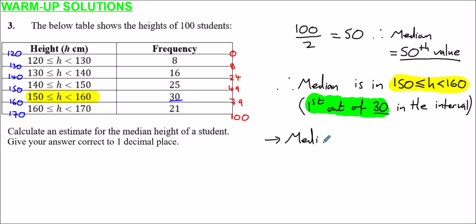So the estimate of our median, we're going to start where this class interval starts. It starts at 150. Now because it's the first one out of 30, we're going to add on 1/30th, this fraction here, add on 1/30th of the class width. So from 150 to 160, that's a class width of 10.